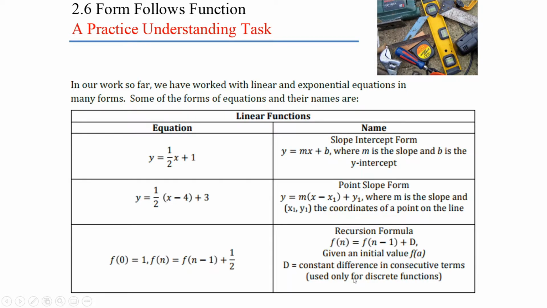So the equation y equals 1/2 x plus 1. Well, what form is that? That's y equals mx plus b, and that is slope-intercept form, where m is the slope and b is the y-intercept.